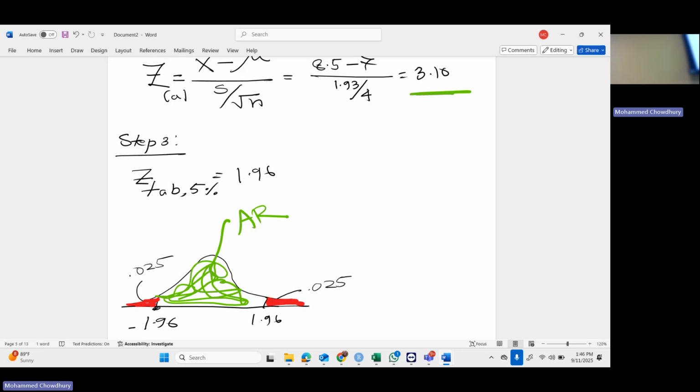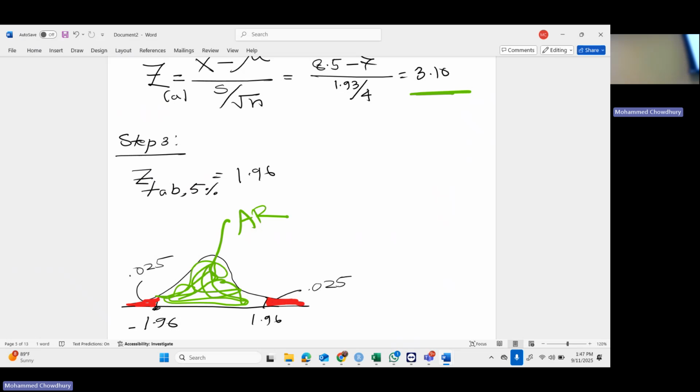So we reject the null hypothesis. Do you understand me? Calculated value is greater than tabulated value, 1.96. Clear? The middle part is your acceptance region. If it goes to the extreme tail, it will be rejected.